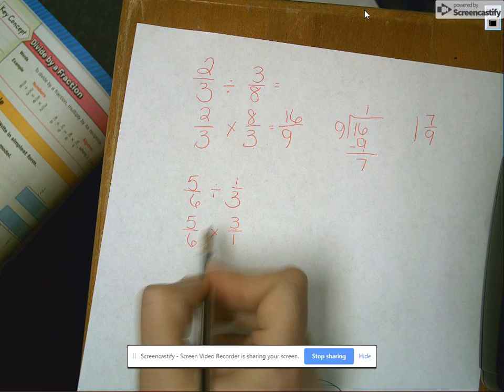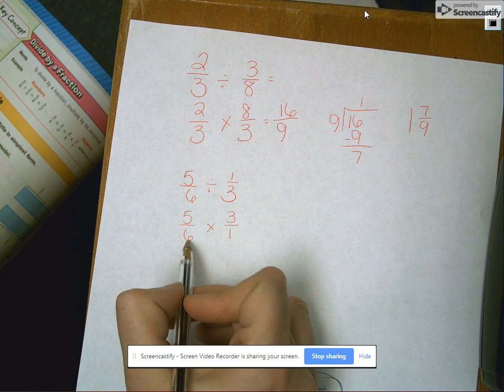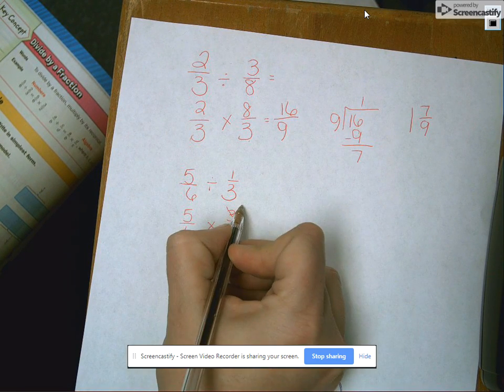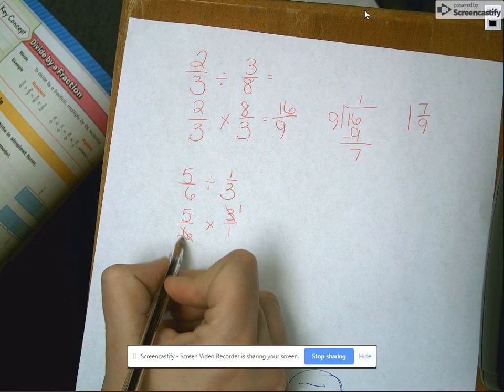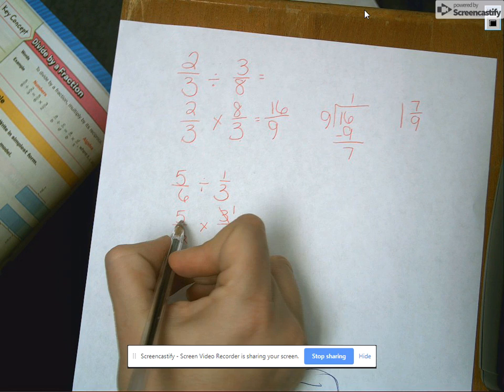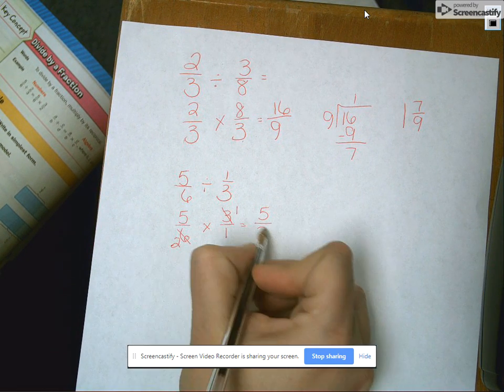If I cross divide, I know that 3 and 6 have a common factor of 3. When I divide 3 into 3, I get 1. 3 into 6, I get 2. And then I just multiply straight across. 5 times 1 is 5. 2 times 1 is 2.